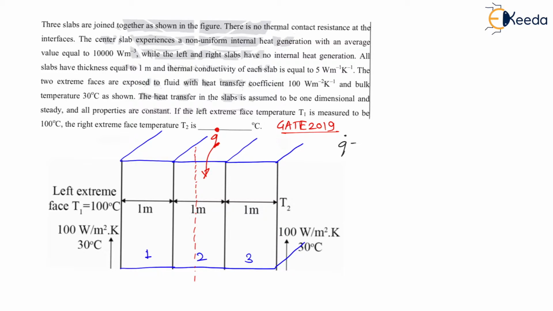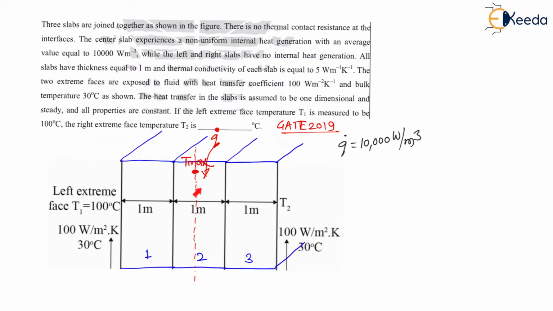We can say q dot is given as 10,000 watt per meter cube, right? And because of this heat generation inside this slab, the maximum temperature will be, let us say, on this red line, right? Here I will show the maximum temperature. Let us say at this point the maximum temperature is somewhat, right, that we have seen.